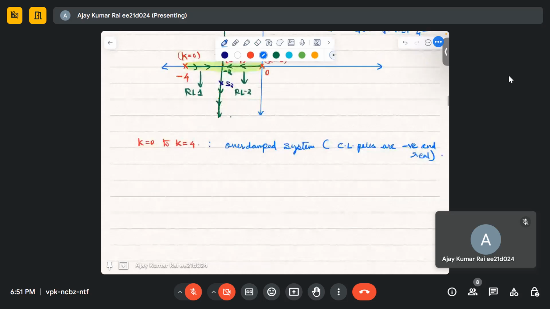Now at k equal to 4, what is happening? Critically damped.